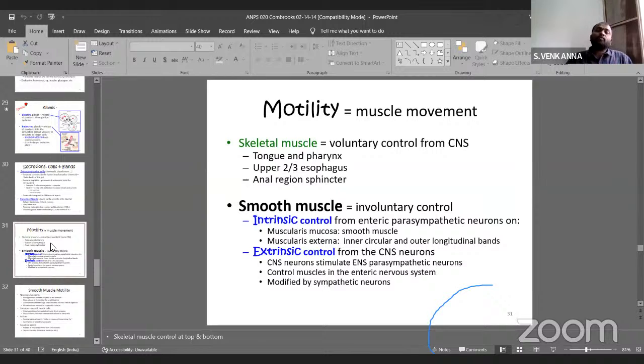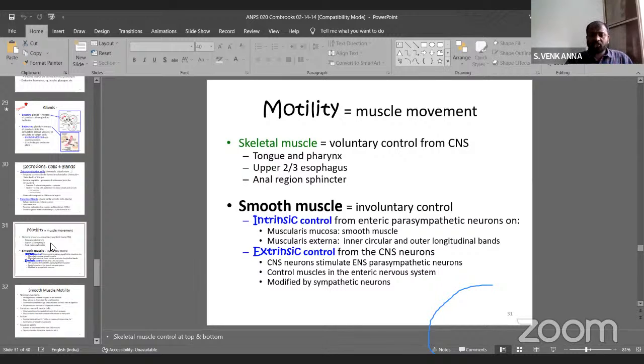The next one, smooth muscles. It is the name for the involuntary muscles. It is not controlled by the CNS. So there is intrinsic control from enteric parasympathetic neurons on the muscularis mucosa smooth muscles and the muscularis externa, inner circular and outer longitudinal bands.